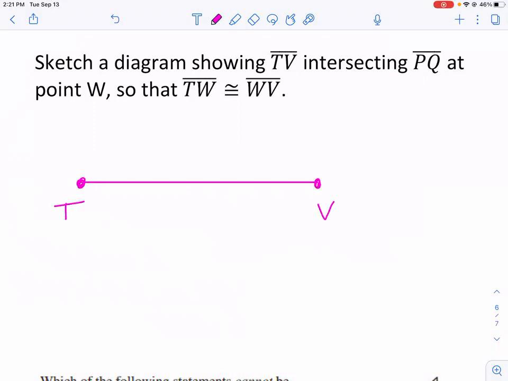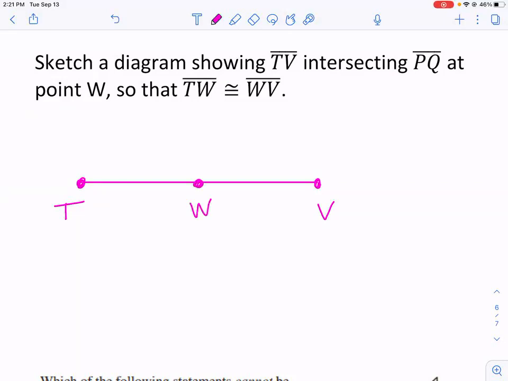You draw this? Yes. PQ is intersecting at point W and TW is congruent to WV. So W, Carson, what do we call W if TW is congruent to WV? Bisector, midpoint, same things.